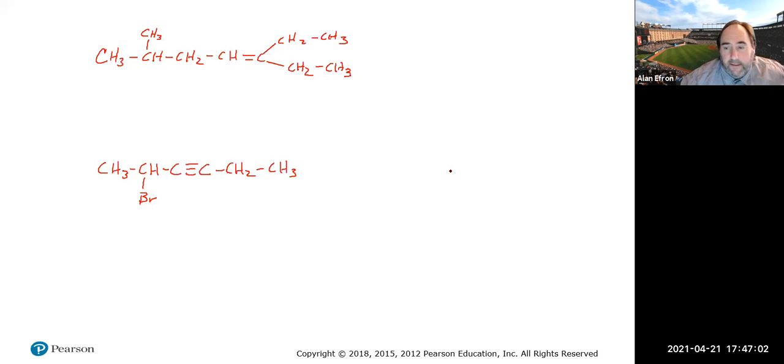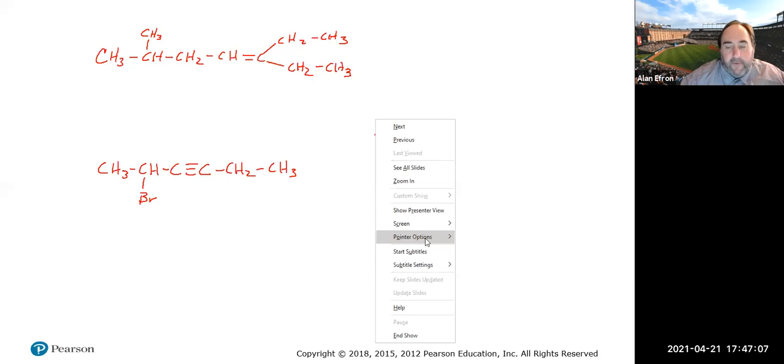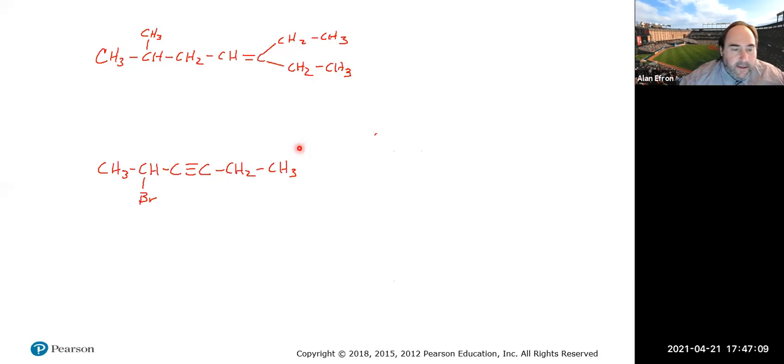Okay, so let's take a look and see. Remember, we're always looking for the longest continuous carbon chain that contains the functional group. If we go straight, 1, 2, 3, 4, 5, 6, 7.